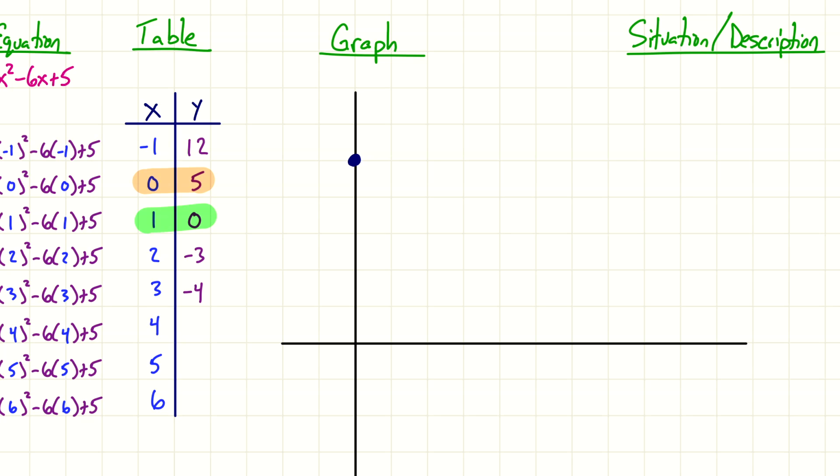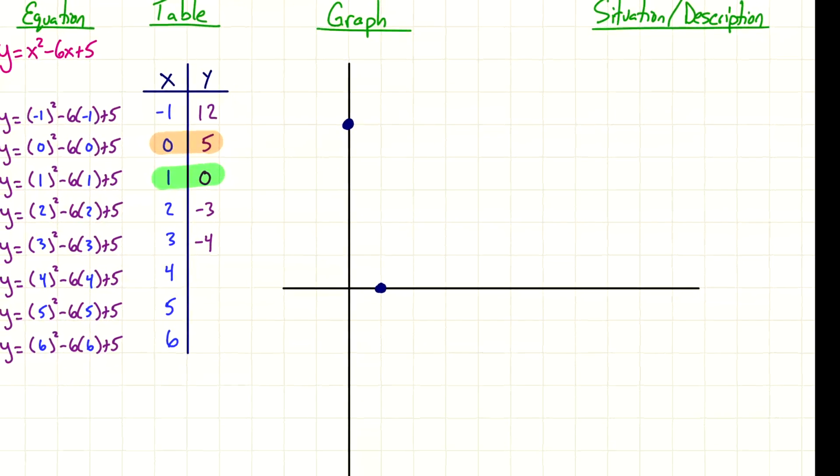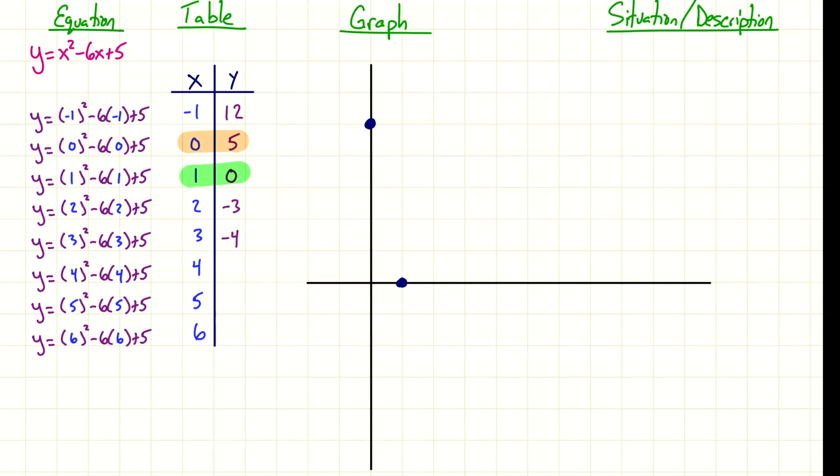So it's up to you. I think this one should be fine for now. And so I have 0, 5, and then I have 1, 0. 1, 0 is going to be right here. And 2, -3. 2, -3 is right here.